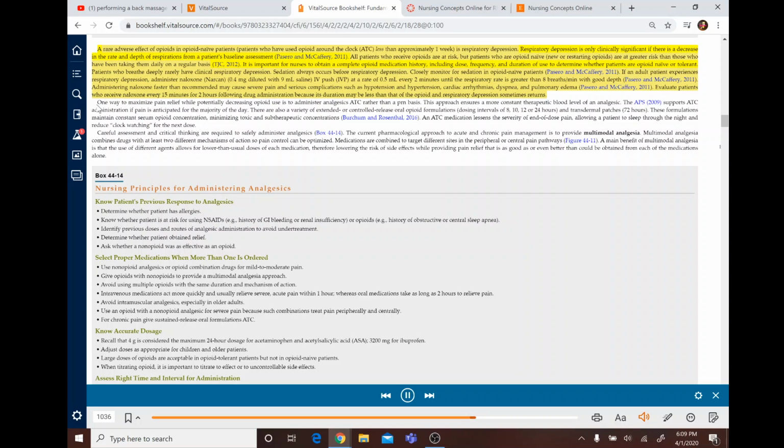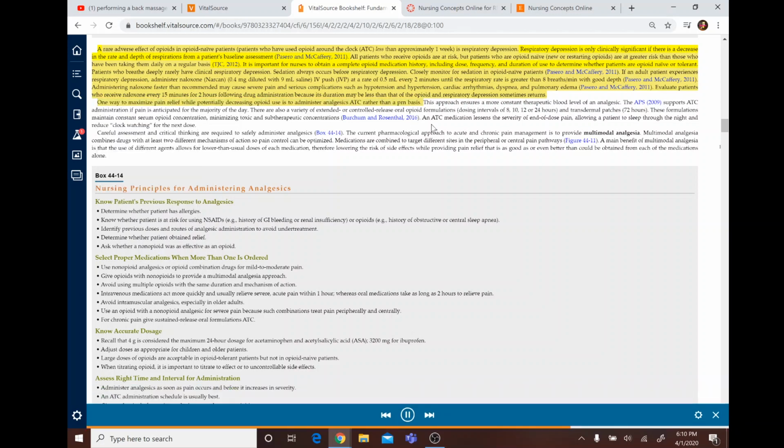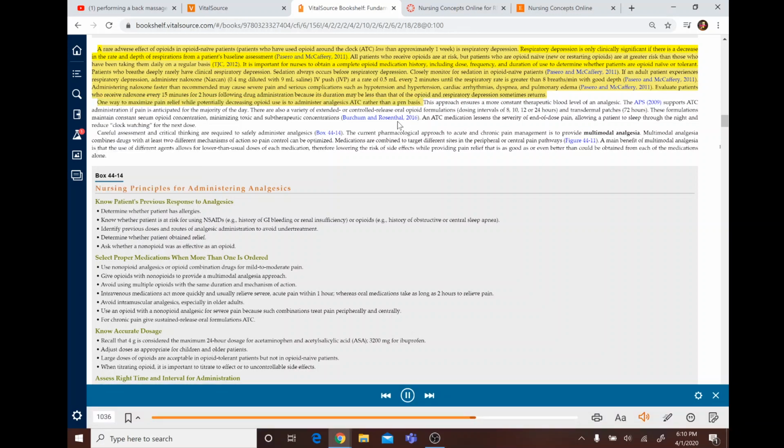Administering naloxone faster than recommended may cause severe pain and serious complications such as hypotension and hypertension, cardiac arrhythmias, dyspnea, and pulmonary edema (Pasero and McCaffery, 2011). Evaluate patients who receive naloxone every 15 minutes for 2 hours following drug administration because its duration may be less than that of the opioid, and respiratory depression sometimes returns.